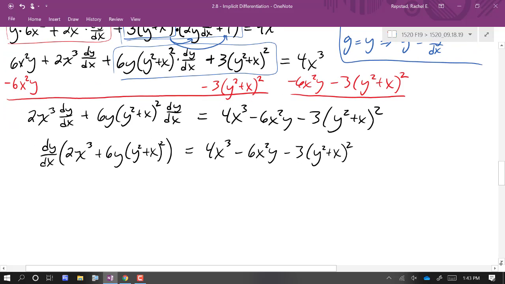And now it's all over but the shouting. What's the last step? Divide by that. Divide by that. Well said.